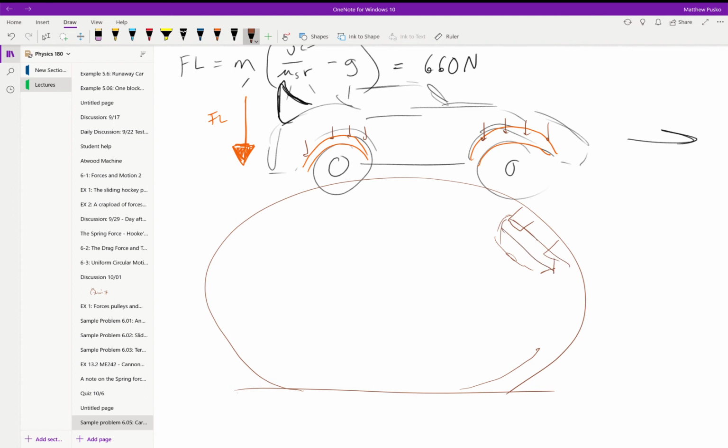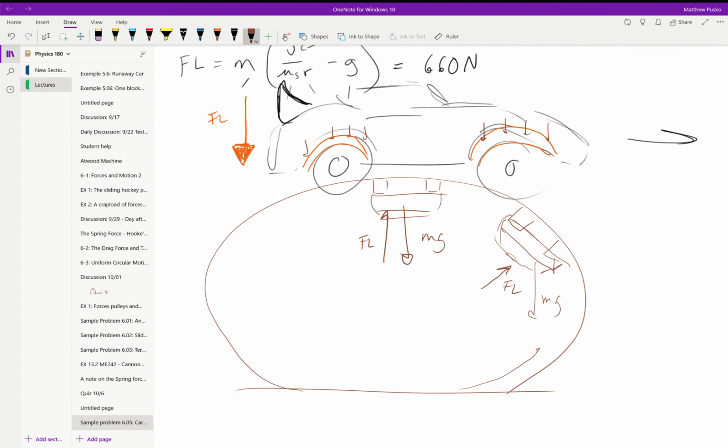In this case, the force of lift would be pointing directly down on the vehicle. In this case, our weight is hanging down, but they want to know, what if we were all the way upside down like this? We have mg hanging down. We have a force of lift equal but opposite if this is the case.